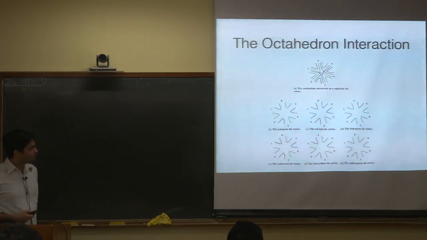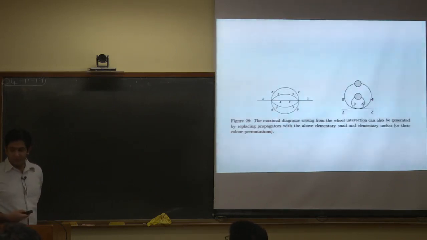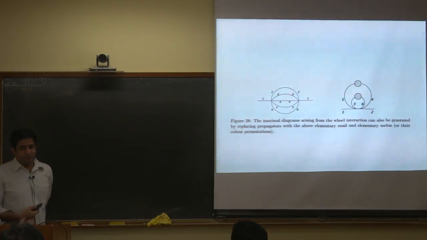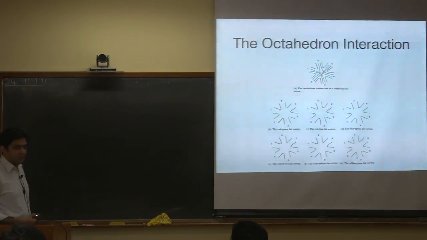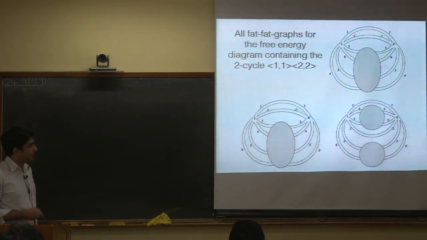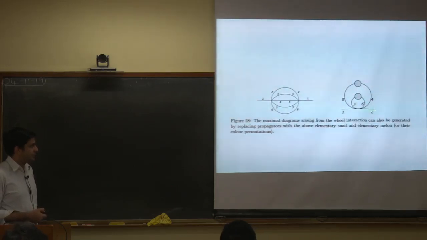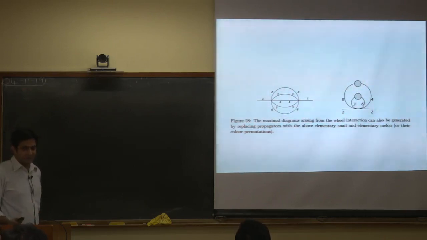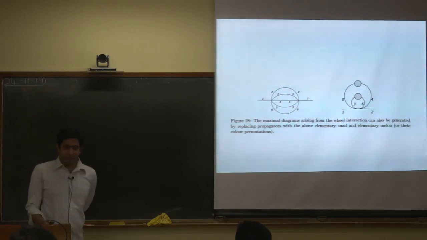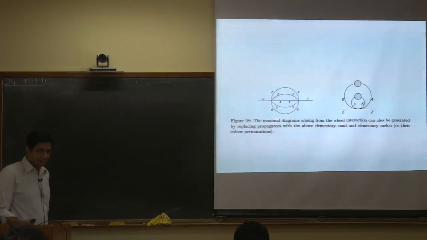These are graphs with the exact propagator, and the exact propagator has these two guys. This is a slight generalization of melonic, but still under control. All of them will turn out to be under control.